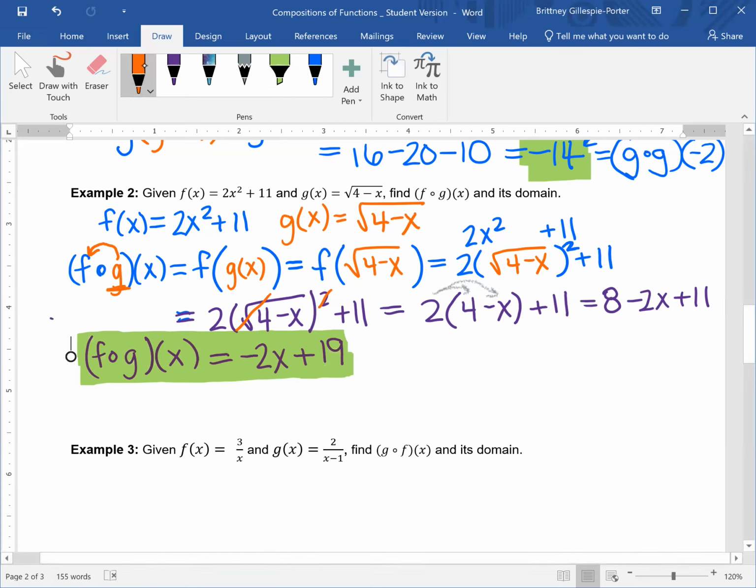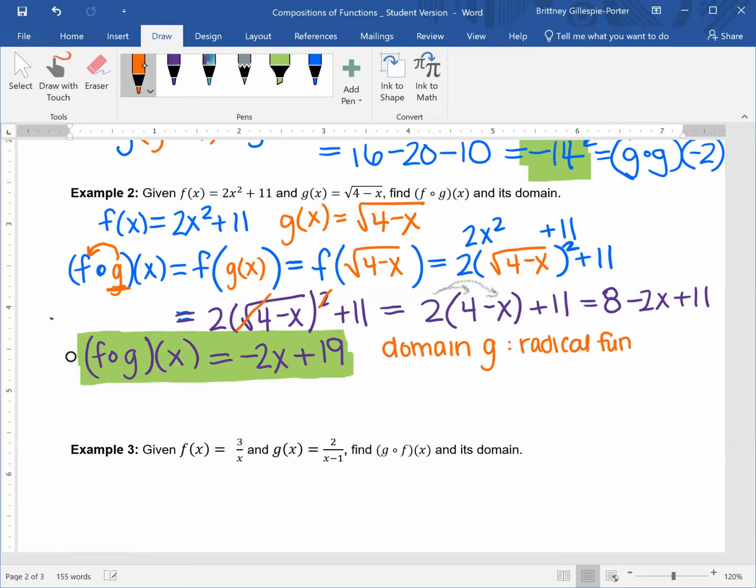So let's start with the domain for g, because that's where we plugged in first. So g of x, he is a radical function, and his index is 2. Remember that little number on the radical, if it's not there, it's a 2. And here, since it's even, that means that we need to take the radicand, what's under the radical, set it greater than or equal to 0, and solve.